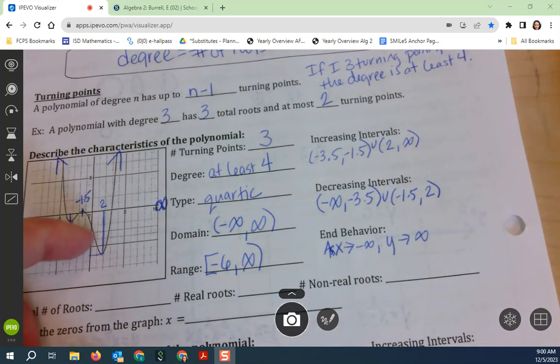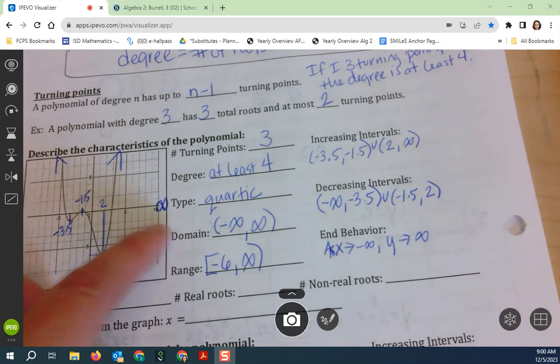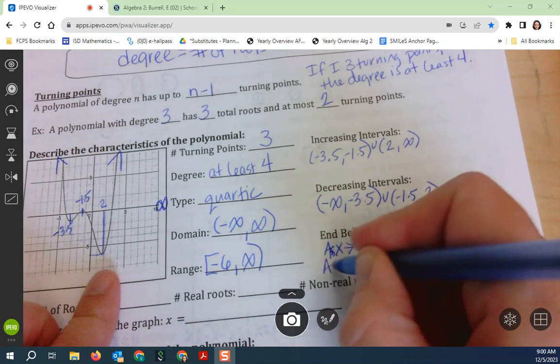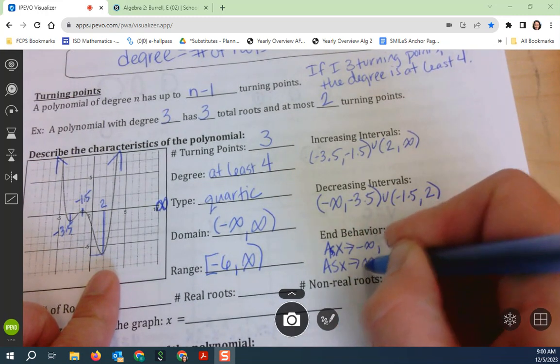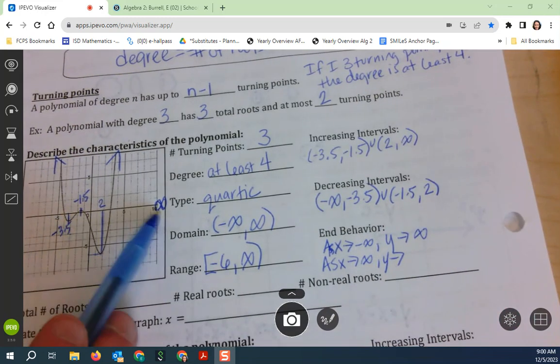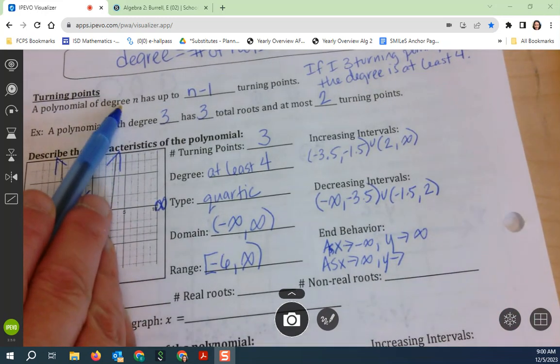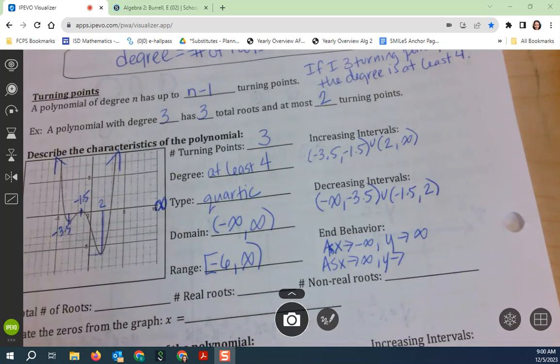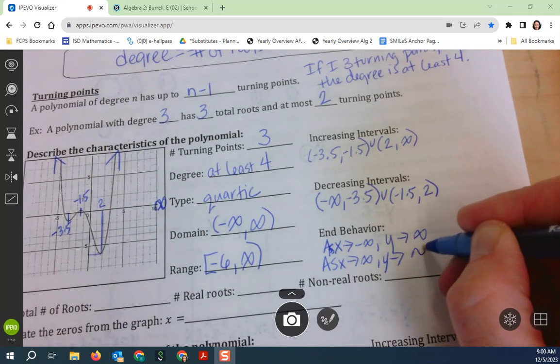And then we talk about as x goes to positive infinity. Okay, so as x is going to positive infinity, the y is going to? It's positive again, good. Because both sides are going up.